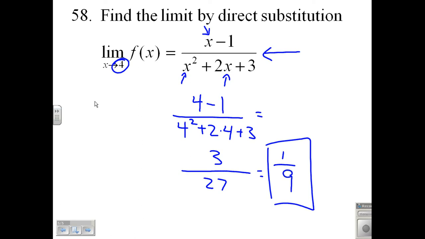And you may be asking, do we know that that's the right hand and left hand behavior as it's approaching 1/9 from the left and right? And I'm going to claim yes, because I have a background in graphing rational functions. And the only time there's a jump and they're not in consensus is when we cross an asymptote. And there is most definitely not an asymptote at 4. So the limit of f of x as x approaches 4 is 1/9.